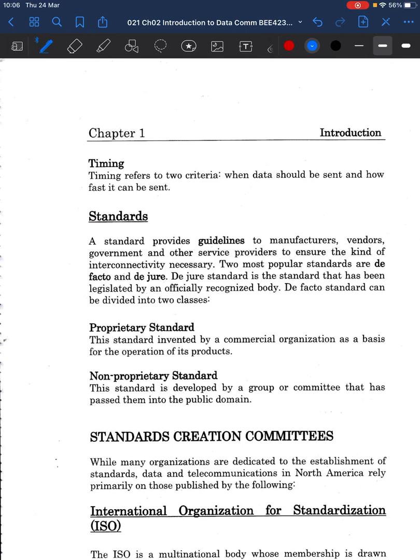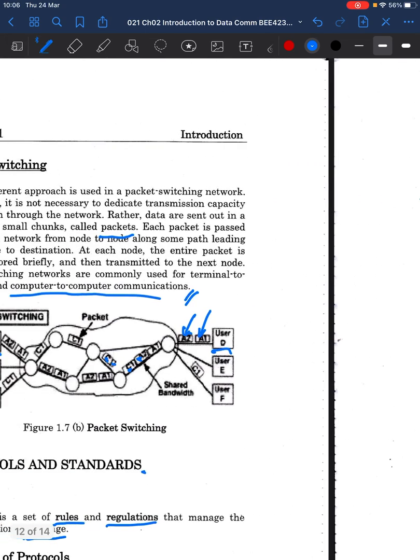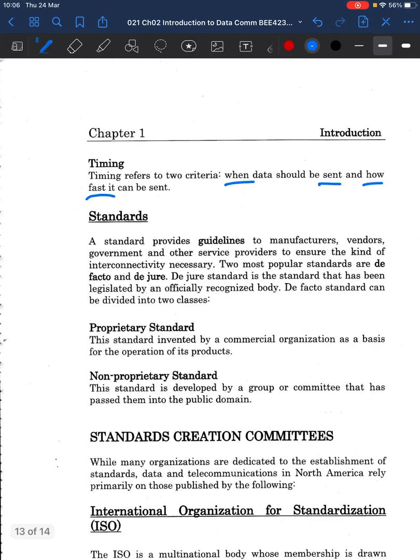Timing refers to two criteria: when the data should be sent and how fast it can be sent. That is about the timing in the protocol.